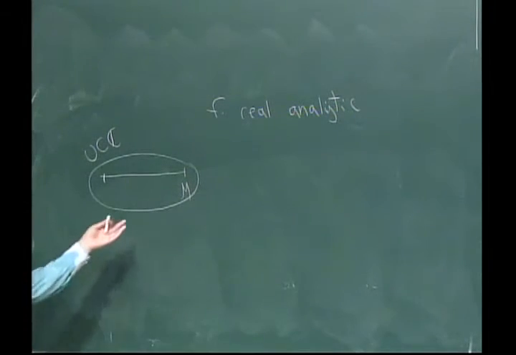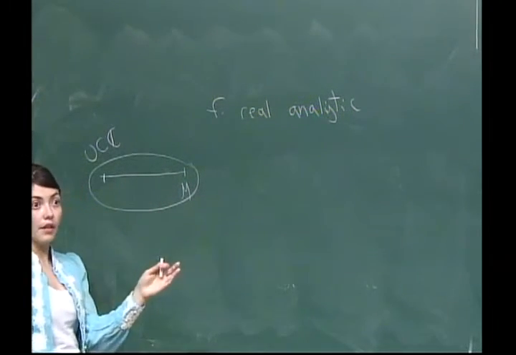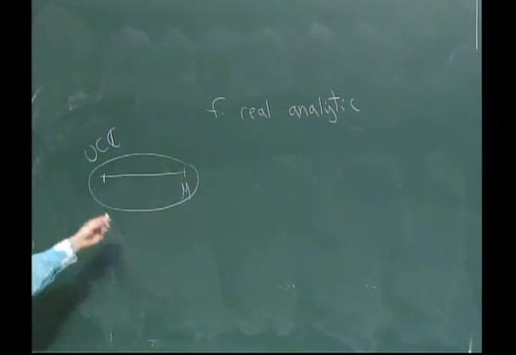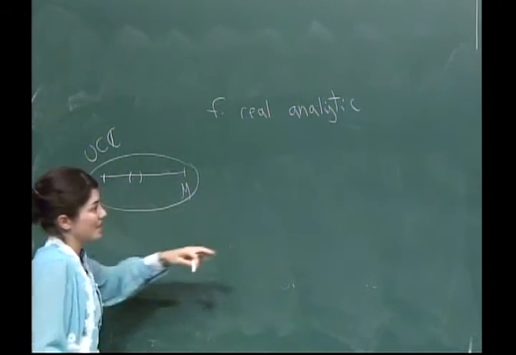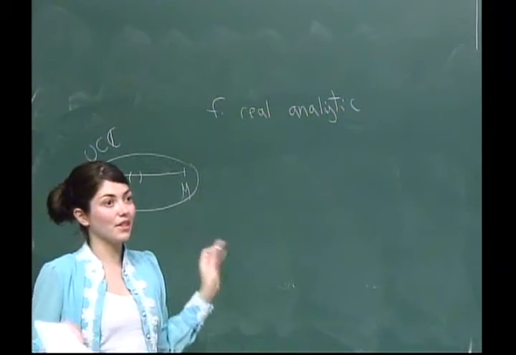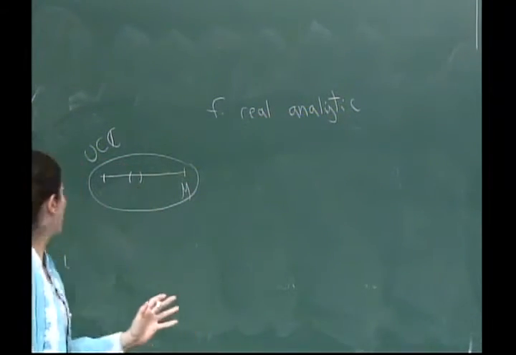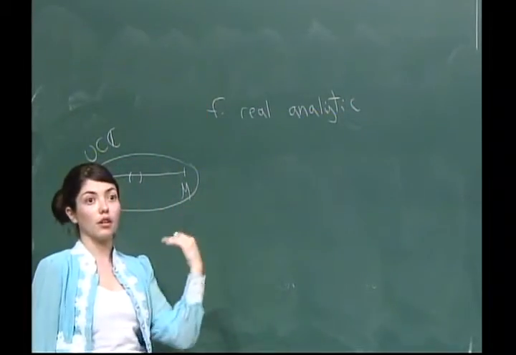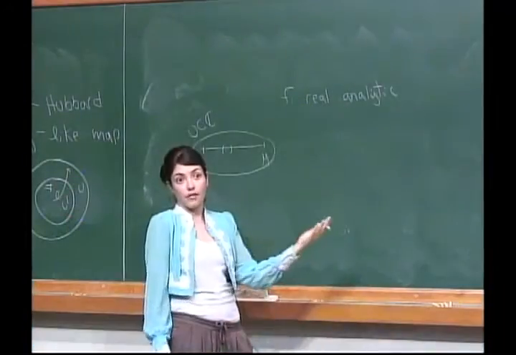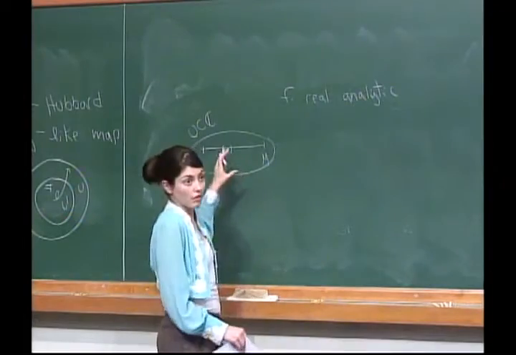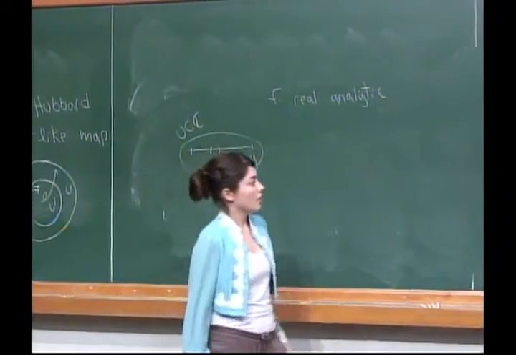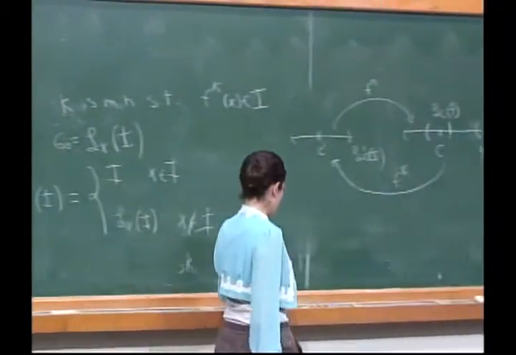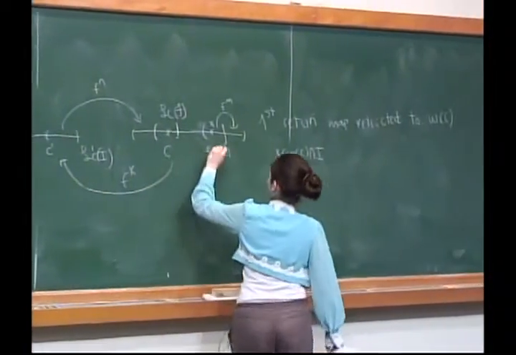But this map is not globally defined. So if our interval is small enough, it makes sense to talk about this. Imagine for the time being that the interval is really small. And now every time I say F, I'm going to think about the complex extension of F, which is the same map, but only locally, okay? So what I want to do is find domains that contain this.